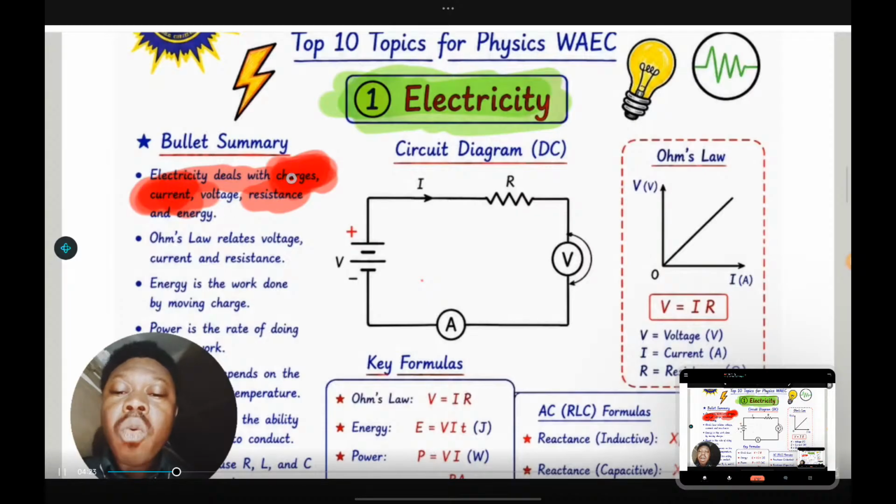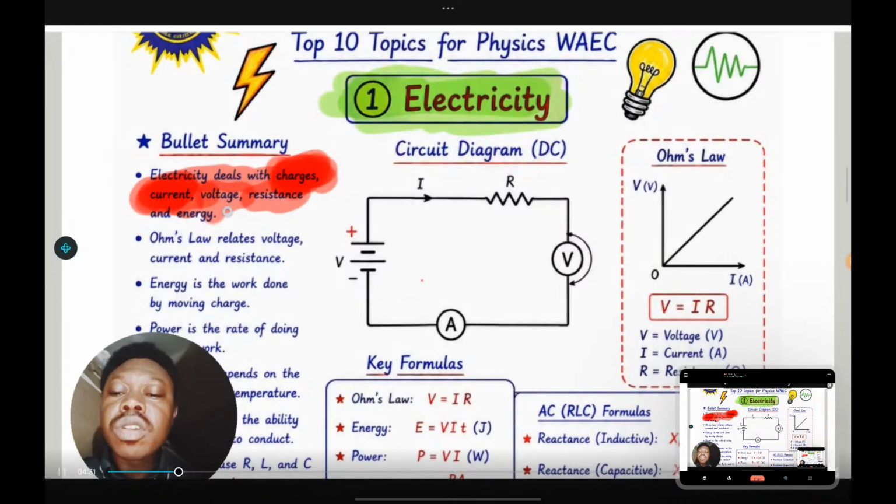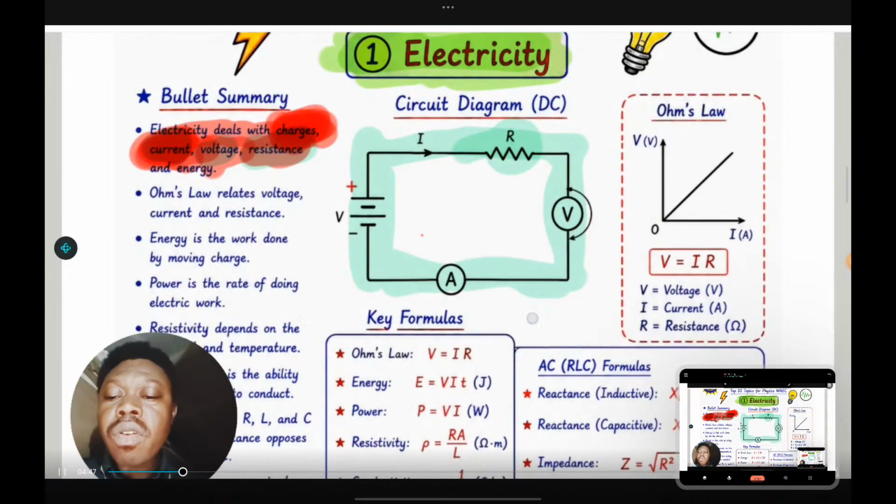Take note of that. And what pushes these charges, which become current, is what we call voltage. As voltage pushes this current, there will be resistance inside the circuit because of the path. Resistance usually generates heat in the circuit, and energy is consumed by the load. Take note of all this.